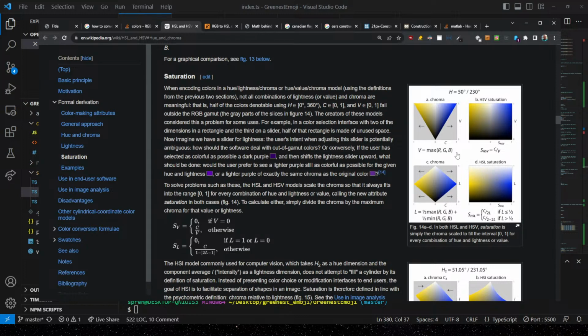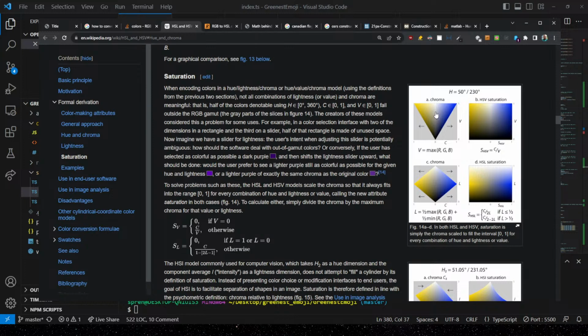Okay. I kind of think that this definition is a little bit more useful, because in my mind, neither white nor black are green.